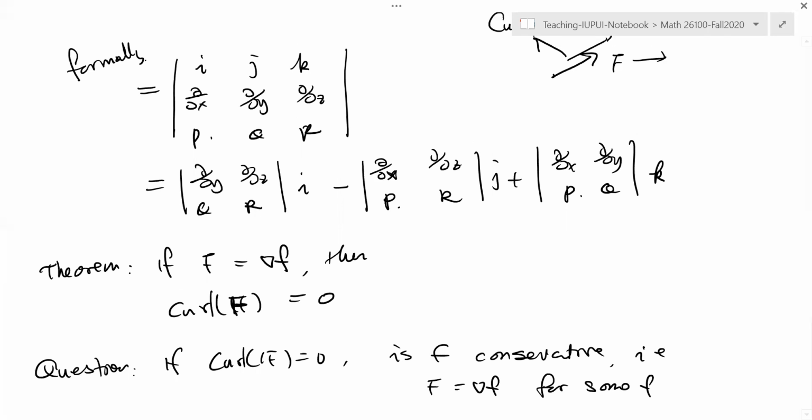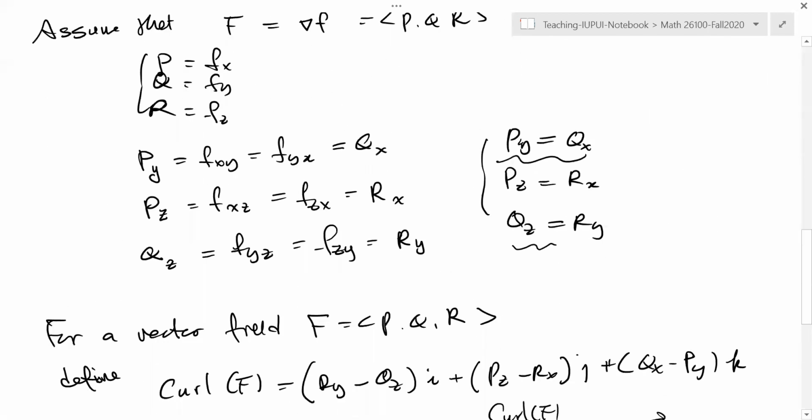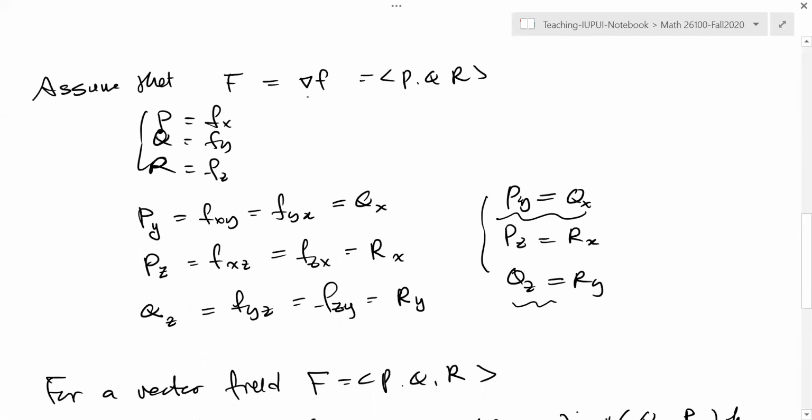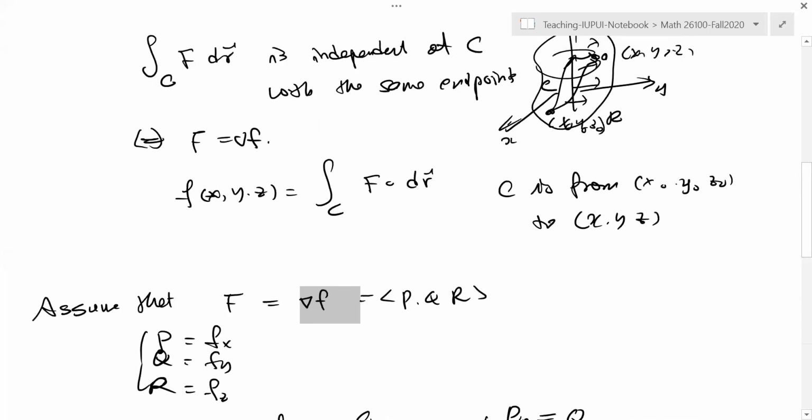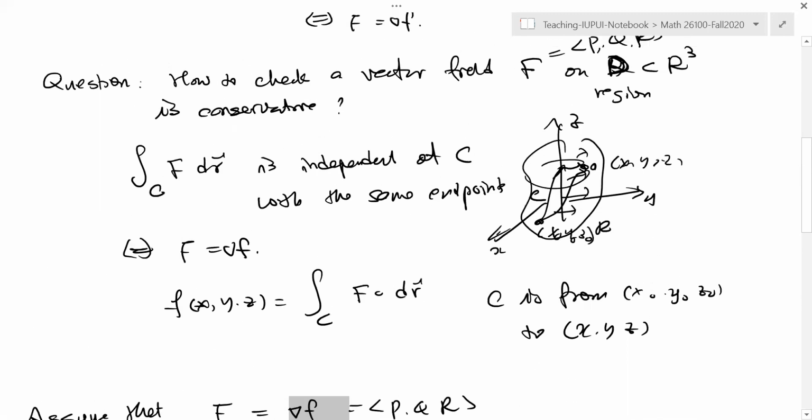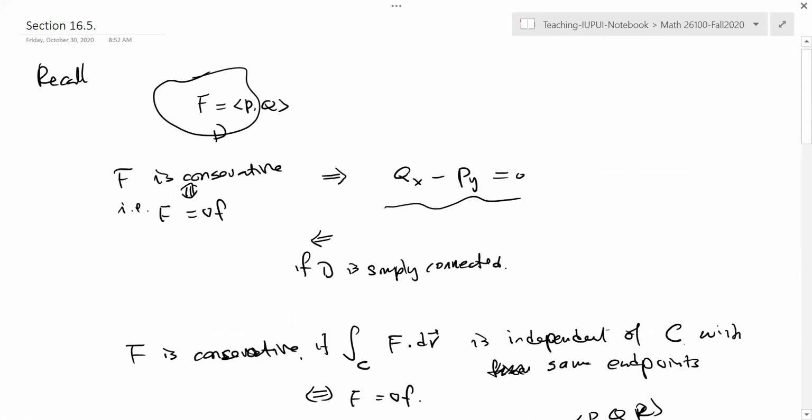In other words, if F is the gradient of little f, then you have those 3 components of capital F satisfying this equation. So those are partial differential equations. If they're satisfied, can we express F as a gradient of some function? That's the question.